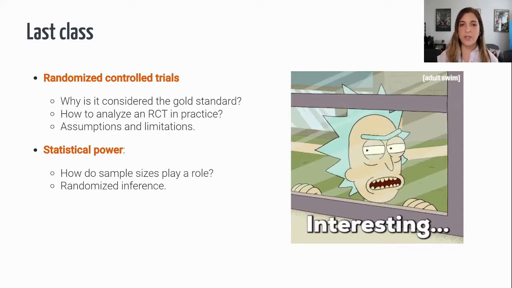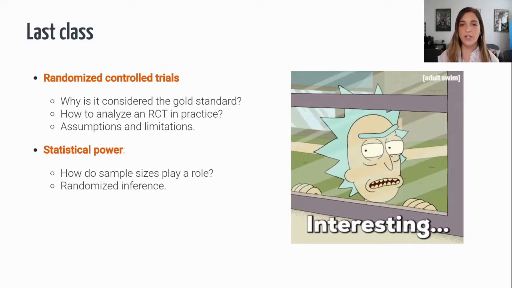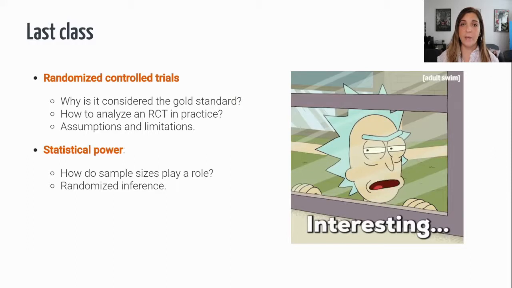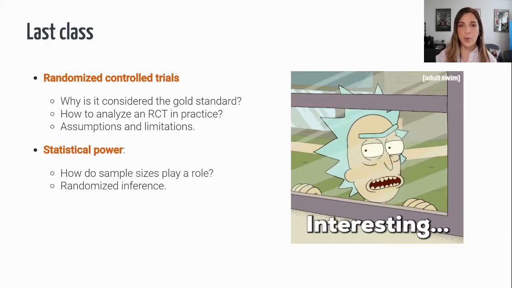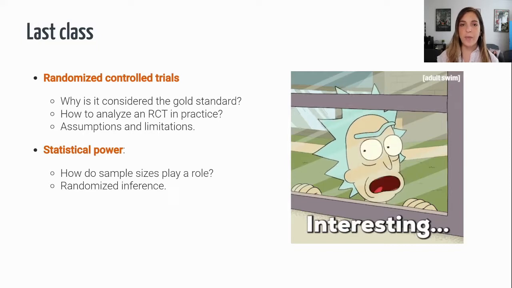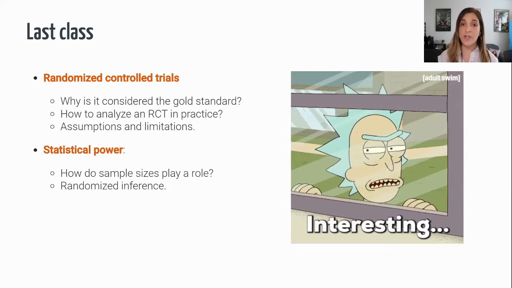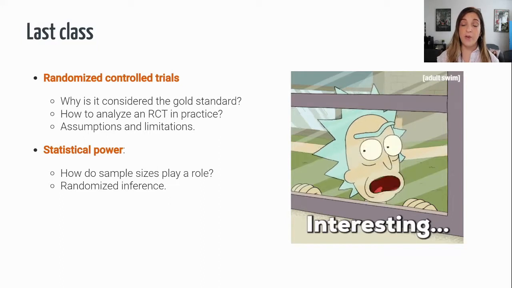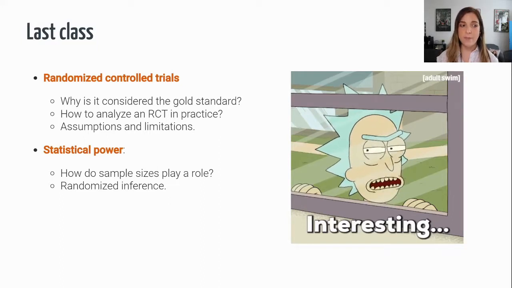In that sense, if you don't address those concerns from the design stage, it's much harder to try to fix that post hoc. So you should always have in mind that when you're choosing a sample for your randomized controlled trial, try to make it as similar as possible to the population of interest that you have in mind, and for the population that you want to make inference on.